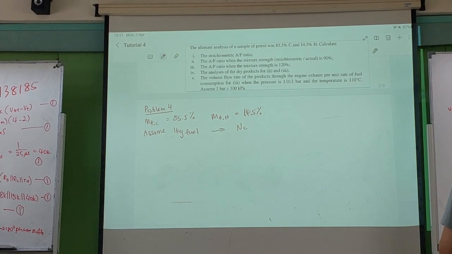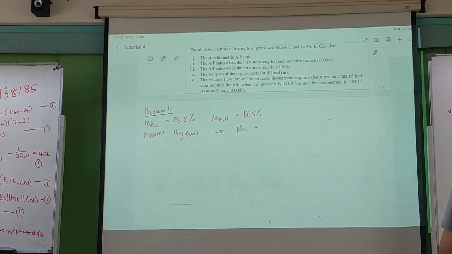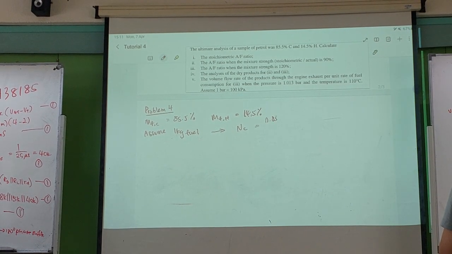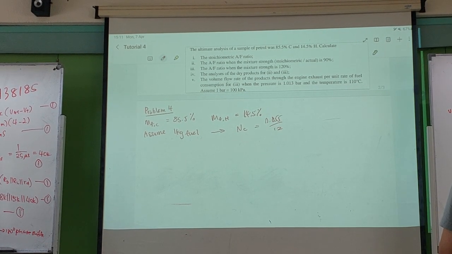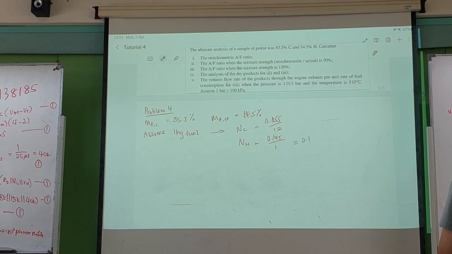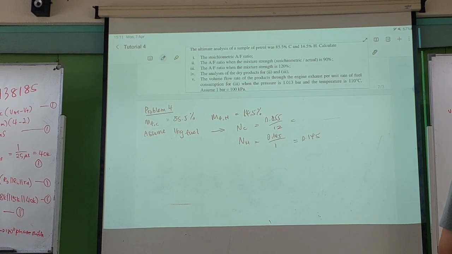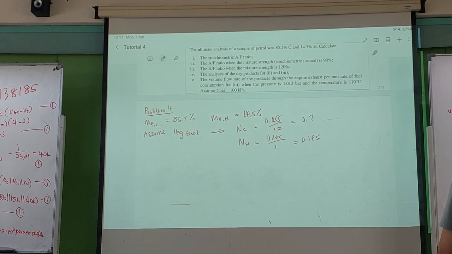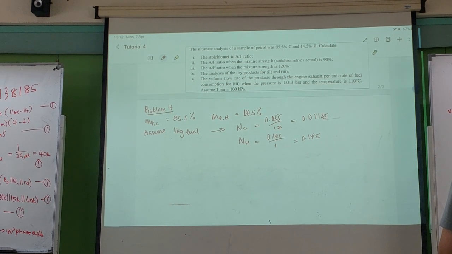The number of moles of C will be 0.855 divided by 12, and for H, the number of kg is 0.145 divided by 1, so you get 0.145. Here you get 0.0715.